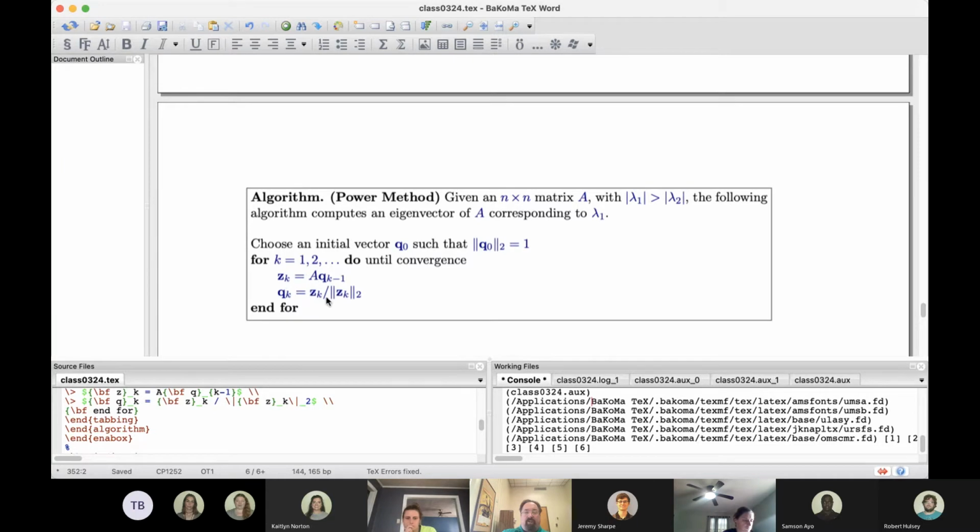So I go ahead and normalize it, because I really only care about the direction of the vector anyway. These vectors, q0, q1, q2, etc., are all unit vectors, and this sequence of unit vectors, under this assumption, will converge to the eigenvector for the largest eigenvalue of A.